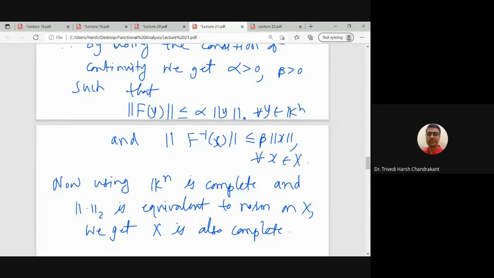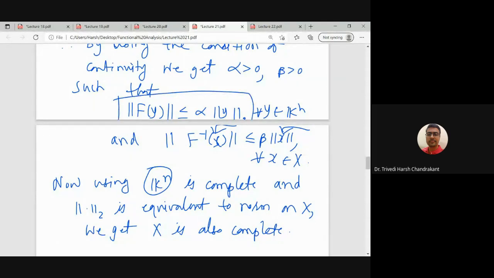So completeness again follows from this continuity criteria. So whenever the sequence xn converges to x in the X norm, it also converges in Kn. So that is what we are using here.